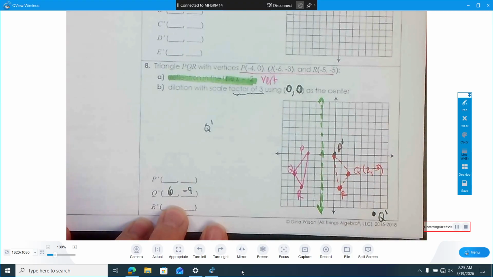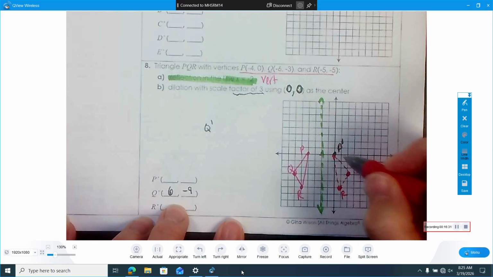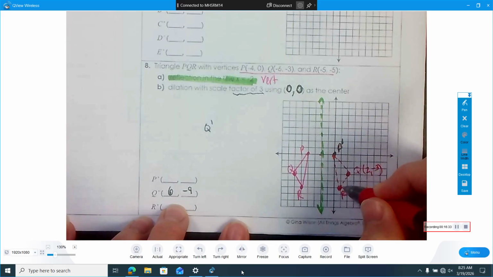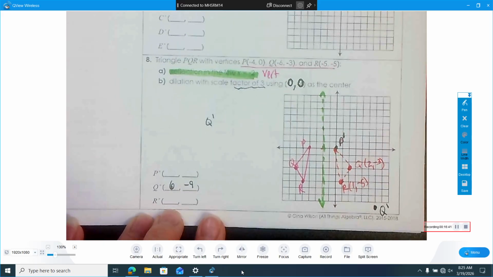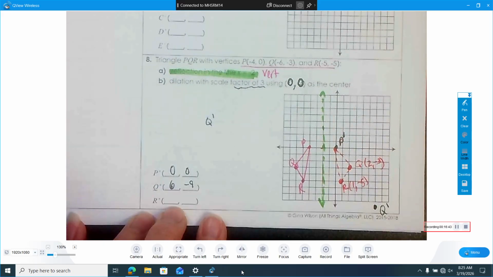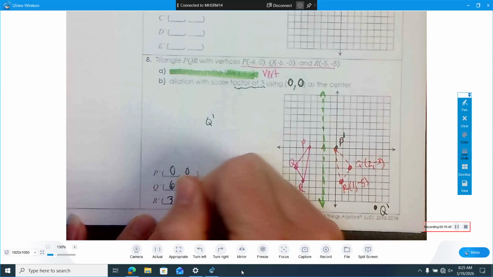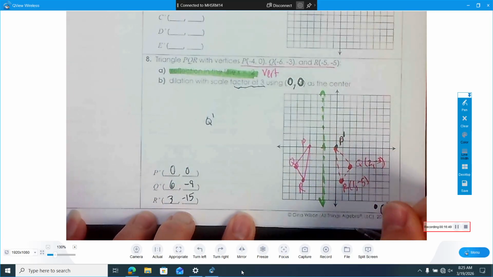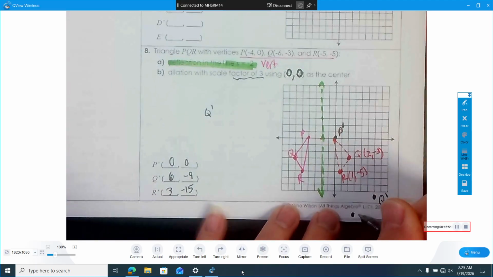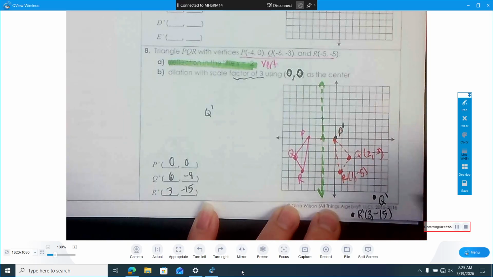And then R is sitting at 1, 2, 3, 4, 5. So 1, negative 5. And so R prime would be 3, negative 15. And way down here, we're just going to pretend that R prime is 3, negative 15.